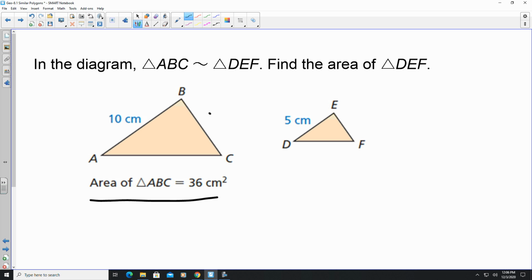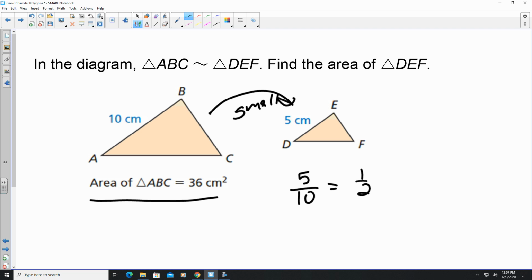Looking from figure 1 to figure 2, it is going to be smaller, so I know my scale factor is going to be smaller than the original. The scale factor is 5/10, which is 1/2. So that's my scale factor.